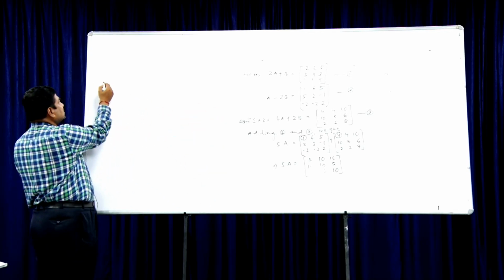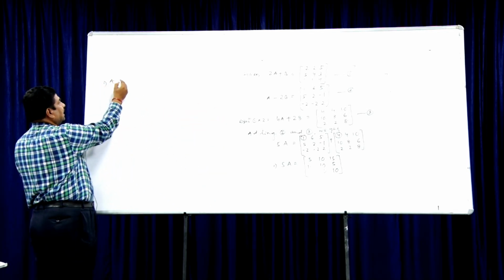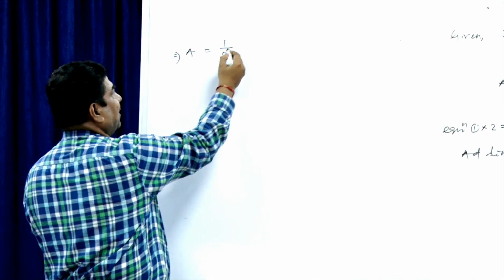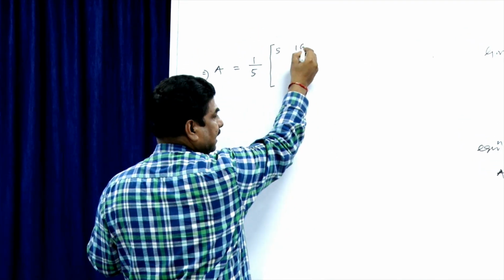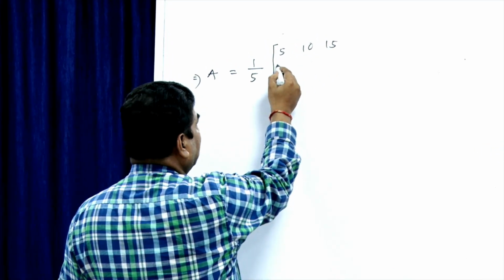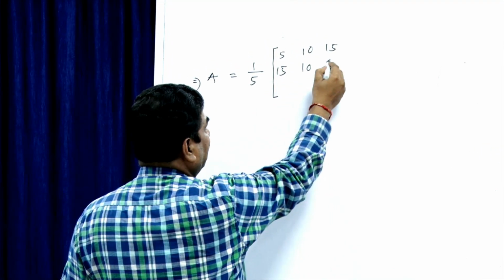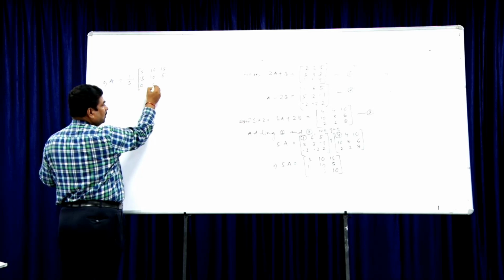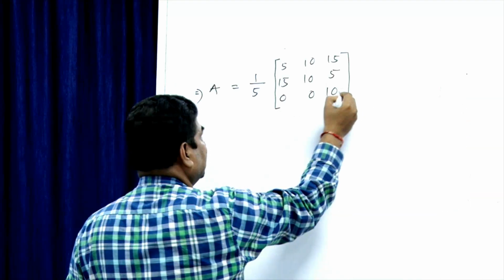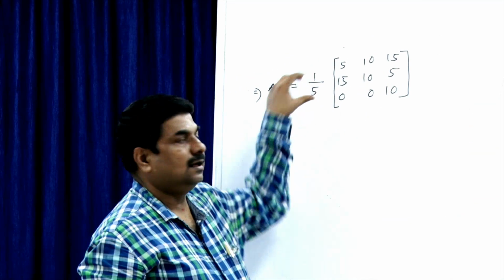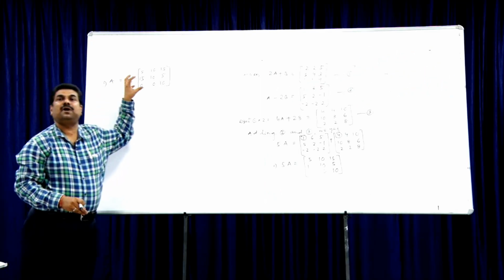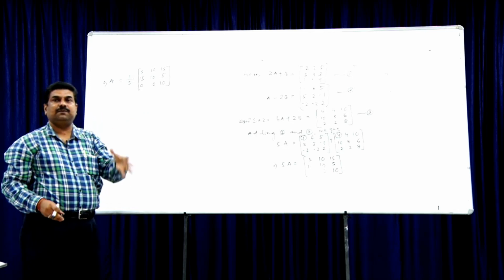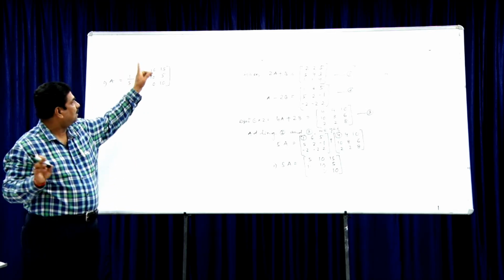Then A is equal to 1 by 5 of the matrix 5 10 15 15 10 5 0 0 10. We know that 1 by 5 is a scalar, and that scalar is multiplied with each element in the matrix.